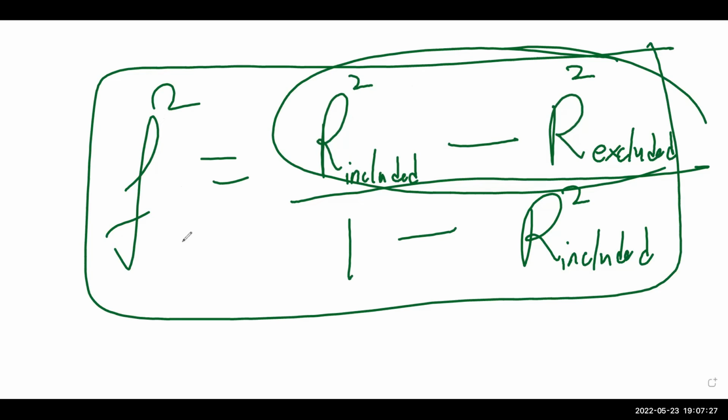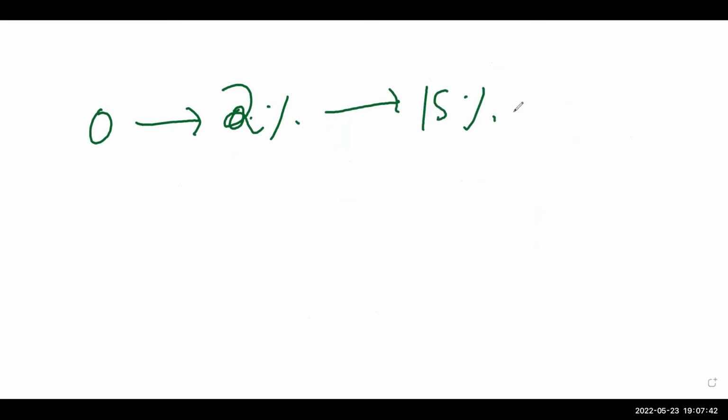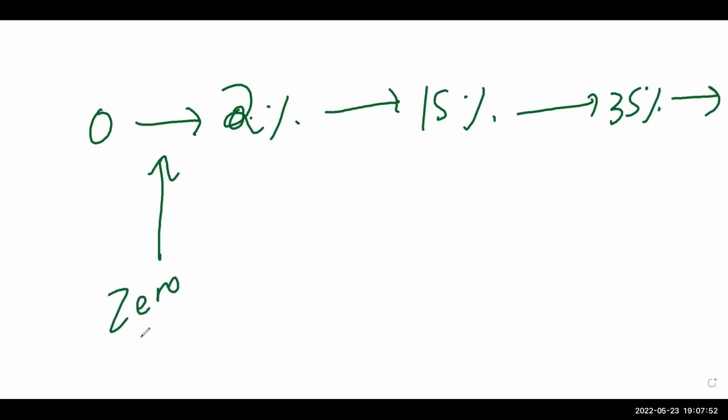So if we apply this formula, we can calculate the F square, and we have ranges of F square: 0 to 2%, 2% to 15%, 15% to 35%, and more than that. If F square lies in the first range, it means zero effect size.